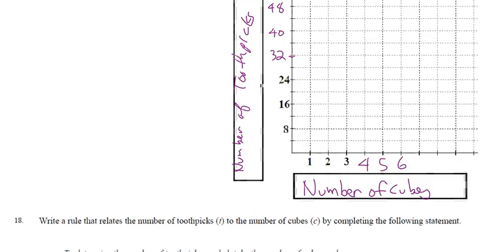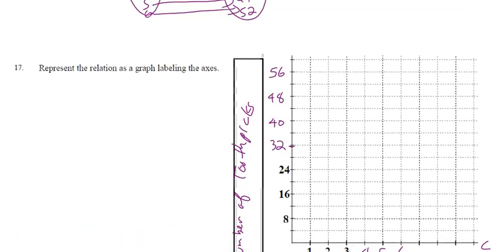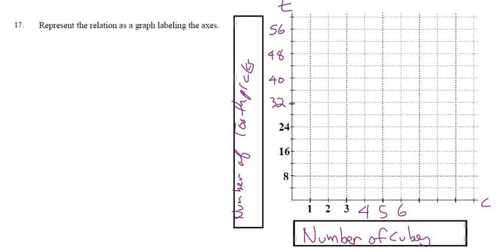Really what's being graphed is we could say this is the c-axis for cubes and this is the t-axis for toothpicks. And then we get our ordered pairs, right? So 1, 12. 2, what did 2 go with? 20. Where's 20? 20. No, 2. Right. 3 goes with 28. 4 goes with 36. 5 goes with 44. 6 goes with 52.